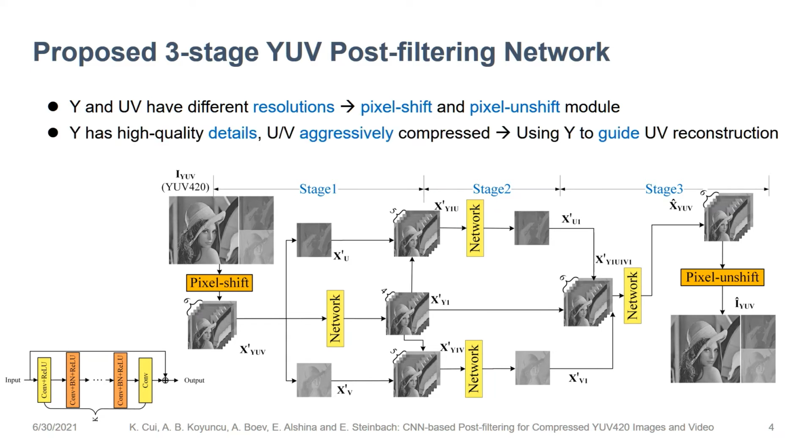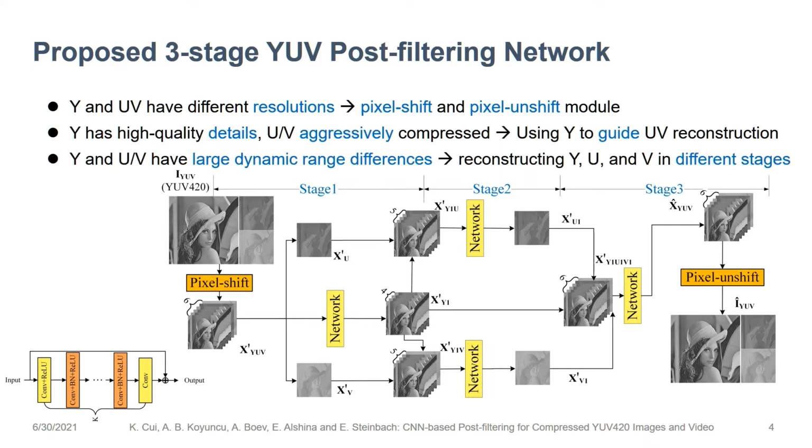Since the Y channel has high quality details and the UV channels are aggressively compressed, we use the Y channel to guide the reconstruction of the UV channels in the second stage. And due to the large dynamic range differences among the Y, U, and V channels, the reconstruction of Y and UV is first performed in the first and second stages, and then they are jointly refined in the third stage.